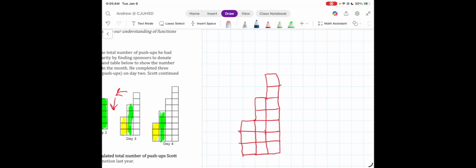So that means this first row of 1, 2, 3 is now going to be up here as 1, 2, 3. Then this 1, 2, 3, 4, 5 is going to be right here, 1, 2, 3, 4, 5, right next to it.